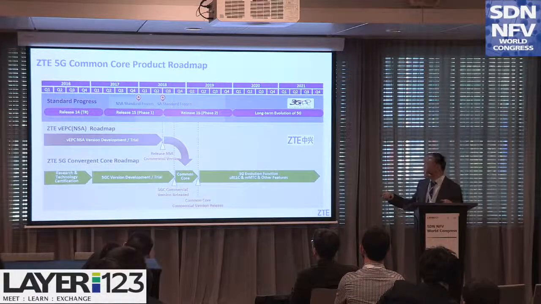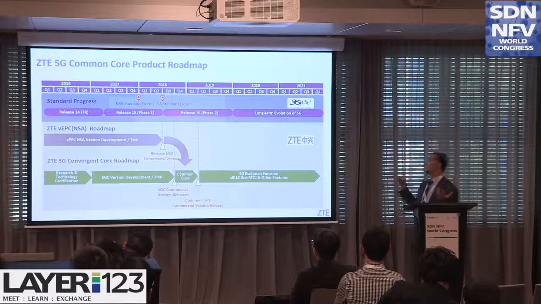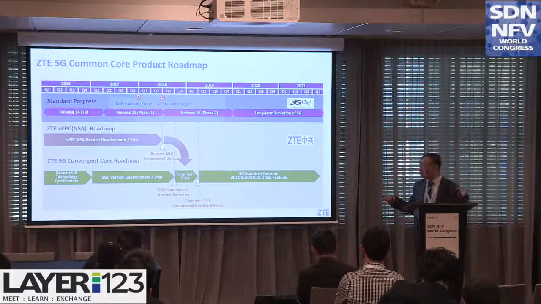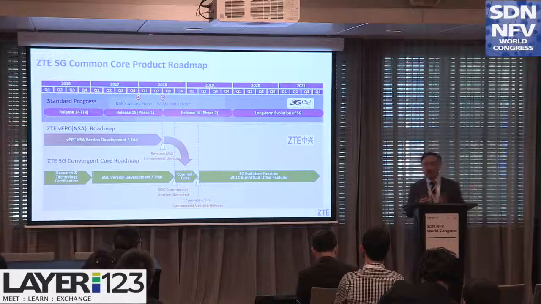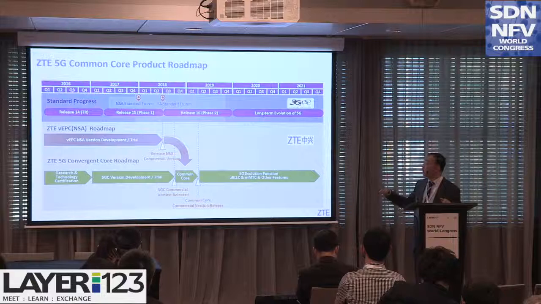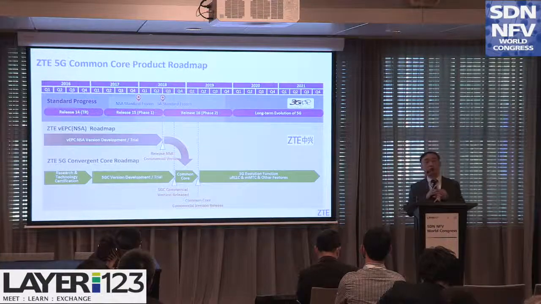So maybe next year, the common core will handle all the scenarios, no matter whether it's virtualized EPC, standard or non-standard EPC Plus, or standalone 5G core. So we don't need two product lines. We just need one product line for all scenarios.